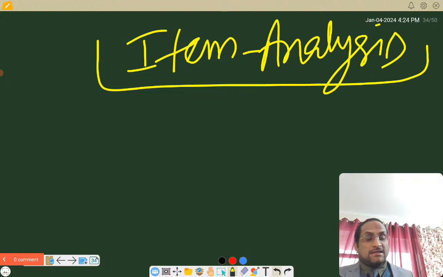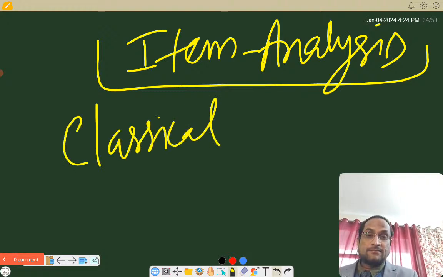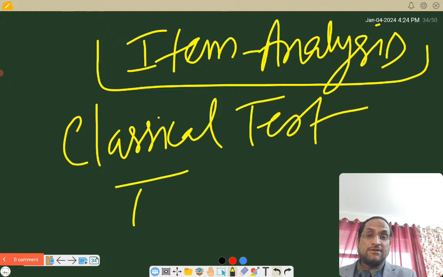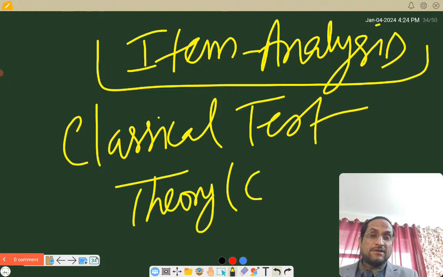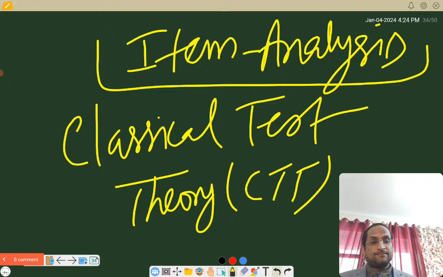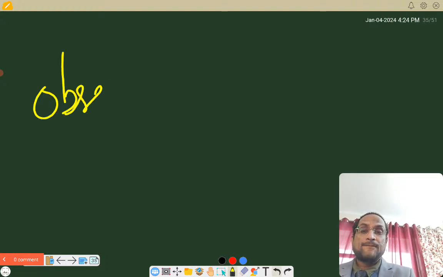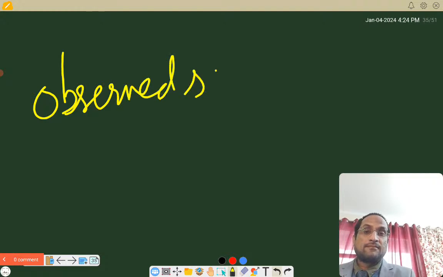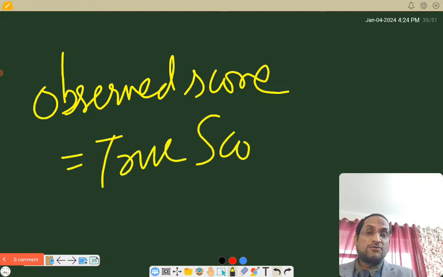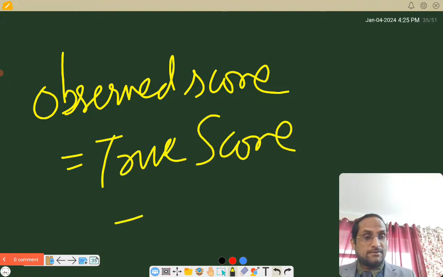Earlier, the item analysis was being done for the whole test, for the complete set of tests under this classical test theory, which is called CTT. The classical test theory assumed that for the complete test there is an observed score, which is a combination of two factors, true score plus or minus error score.